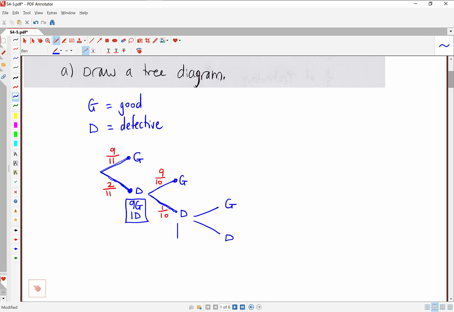So we should do one more update here and just write down what our shipment looks like at this point. So suppose we've gone along these 2 bottom branches where we got a defective item and then another defective item. What does our shipment look like now? Well, now there's just 9 good items in the box, no defective items. So probability of getting a good item on our next selection, 9 out of 9. Probability of getting a defective item, 0 out of 9.